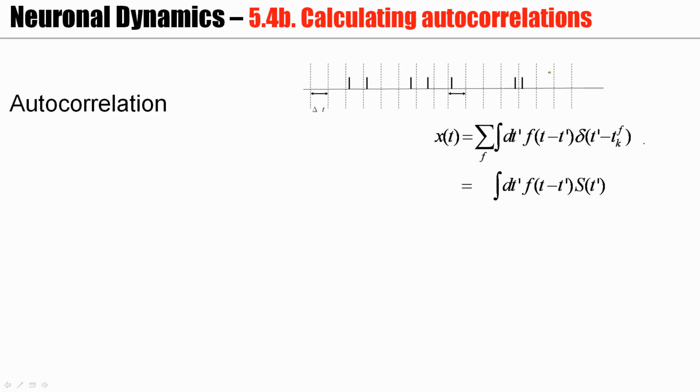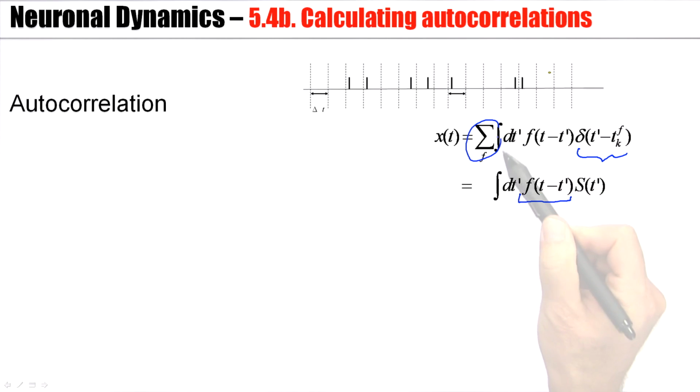In the previous lecture, I've already said that any filtered spike train can be treated with a formalism where I have an arbitrary filter f. This is the spike train, including the sum over all spike times.